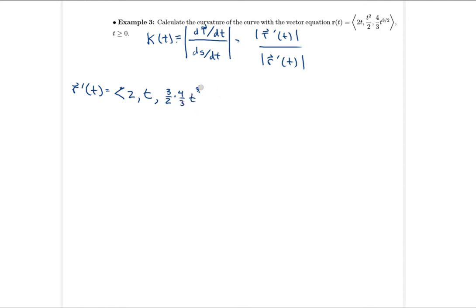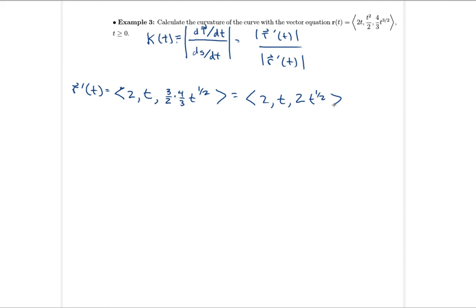Take one away from the exponent. So this will be 2t, this will become 2, and then t to the 1/2, or the square root of t. Doesn't matter. So there's my r prime.